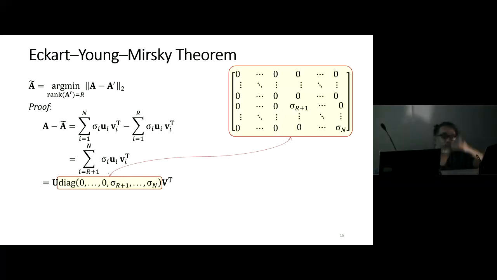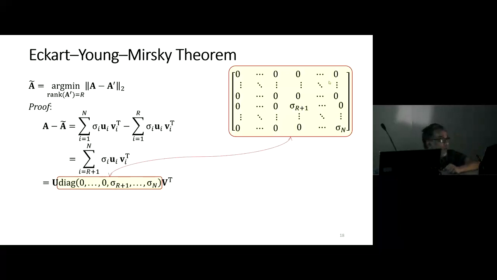And you can easily prove this. So the L2 norm of this matrix here, even if you have had a bunch of zeros here, would be sigma r plus 1, the highest of these, numerically, whichever is the largest.